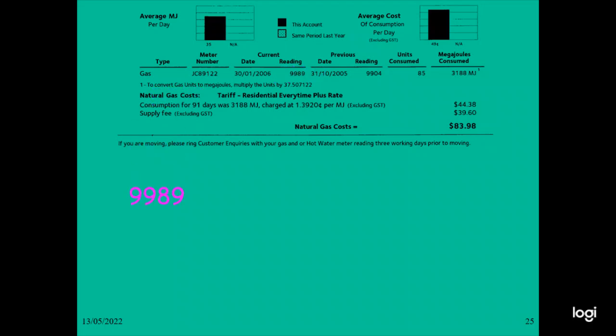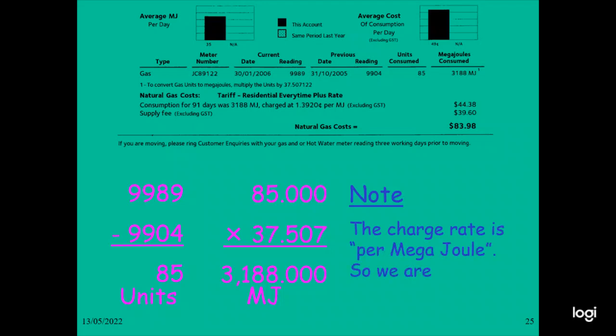So this is a nature average and nature test. Also, this is the reading. So when you read this bill, you can also see how much gas is utilized. The charge is per megajoule.